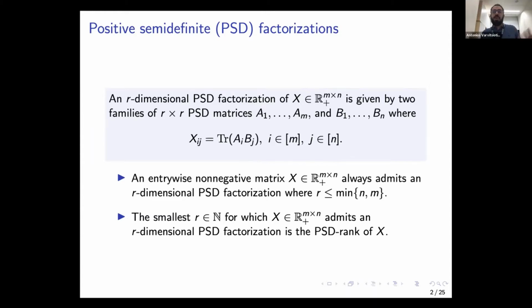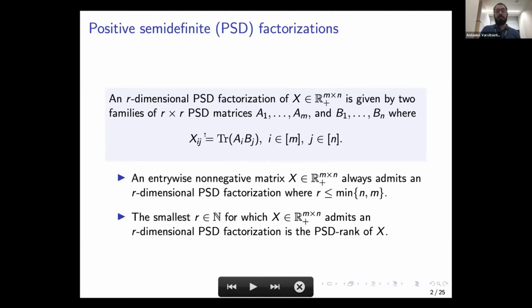So these are the two things we have, and what we're asked to find is two families of PSD matrices. So we have the A's and the B's, and notice we have one of the A's for each of the rows of X, and we have one of the B's for each of the columns of X. These need to be positive semi-definite, and their size needs to be R times R, the user-specified parameter.